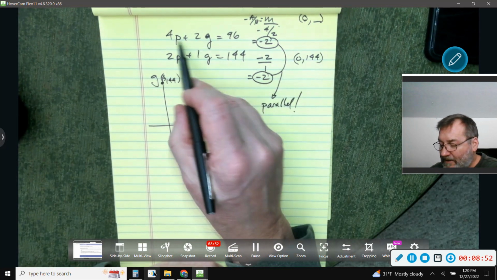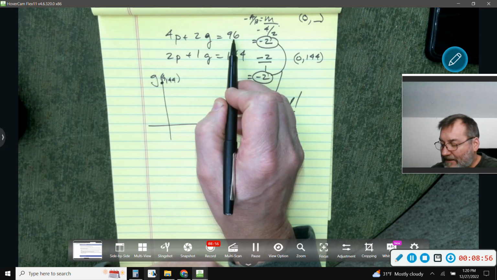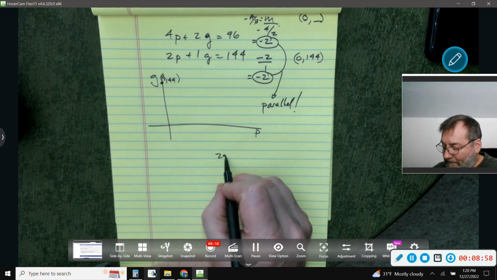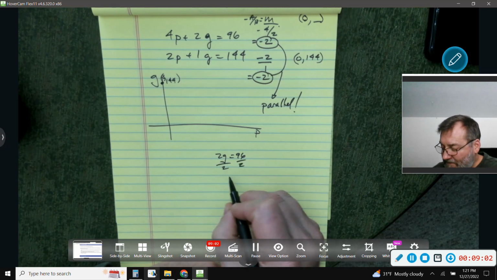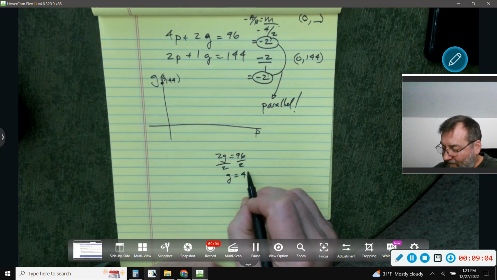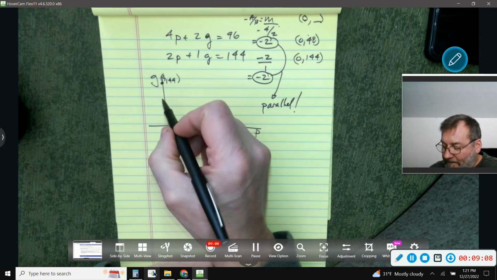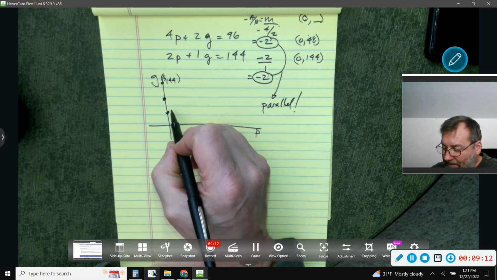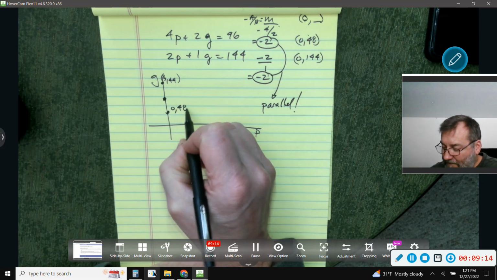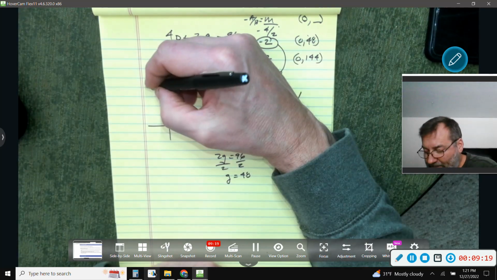And if I put a 0 into the other, 2g equals 96. Divide both sides by 2, and g equals 48. So it goes through 0, 48. Now they both have a slope of negative 2, so what does that look like?